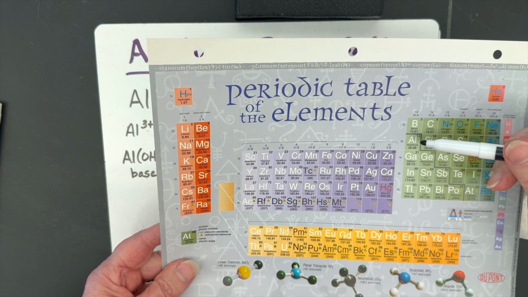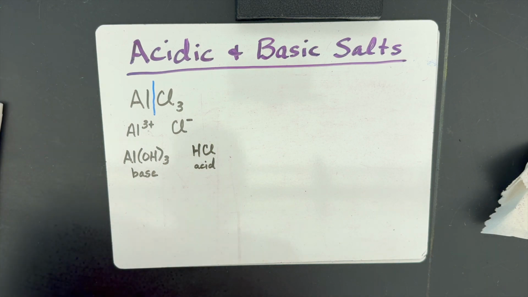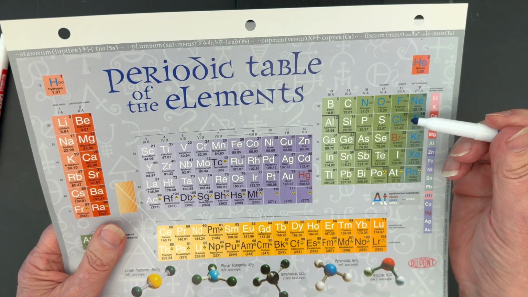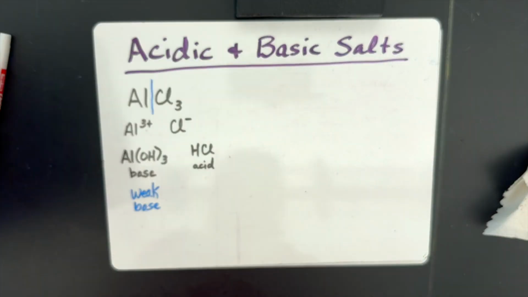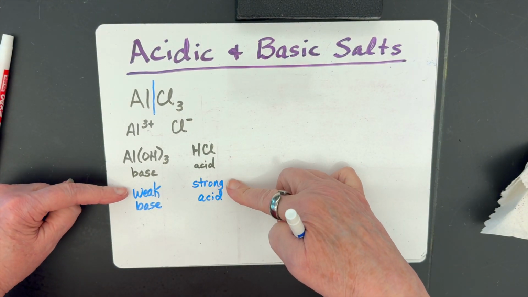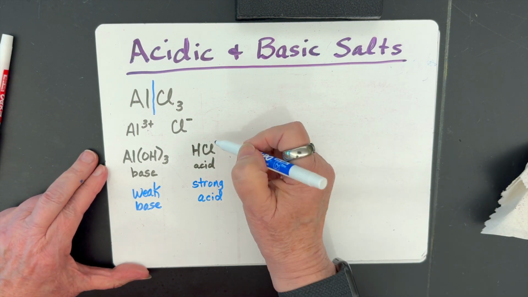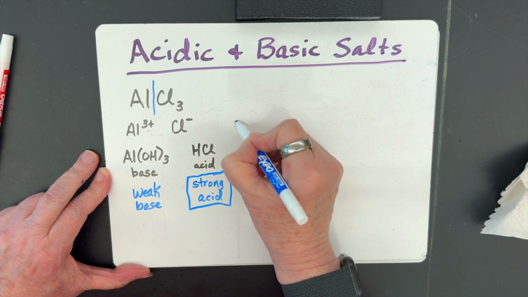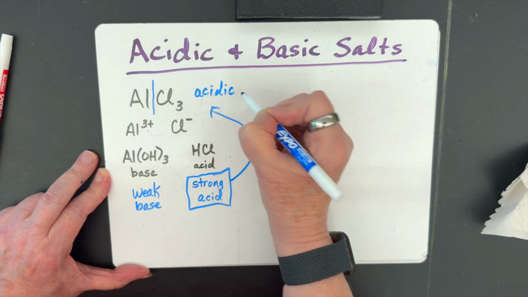Well, Al's way over here, so this is a weak base. HCl is one of the 3 strong binary acids, HCl, HBr, and HI. Because one is weak and one is strong, the strong one overpowers. Since the acid is the thing that's strong, this is an acidic salt.